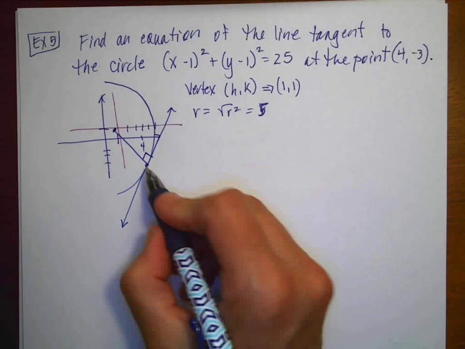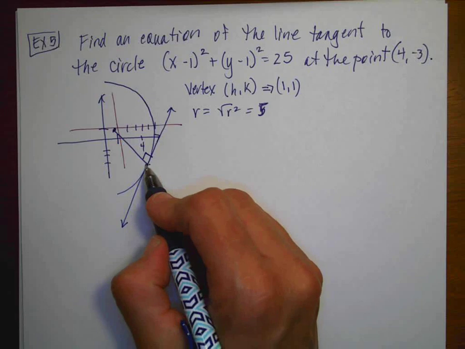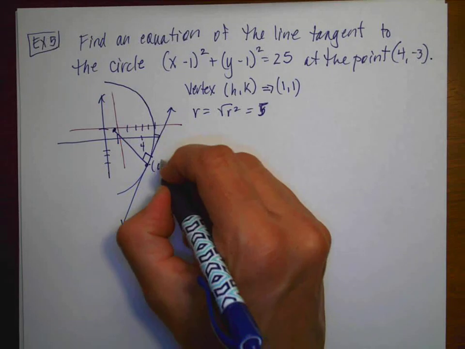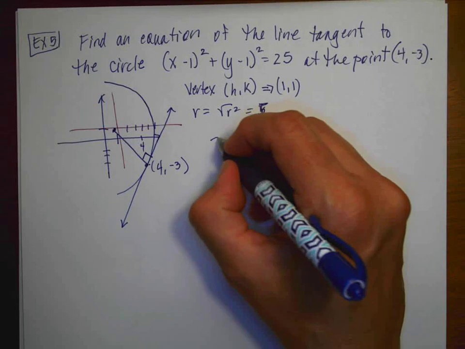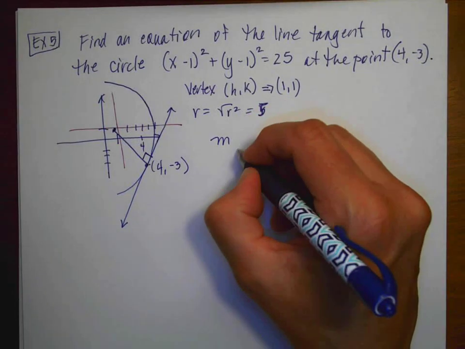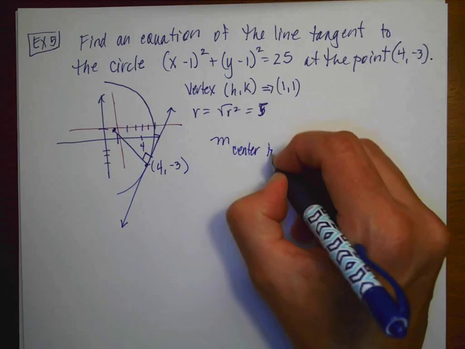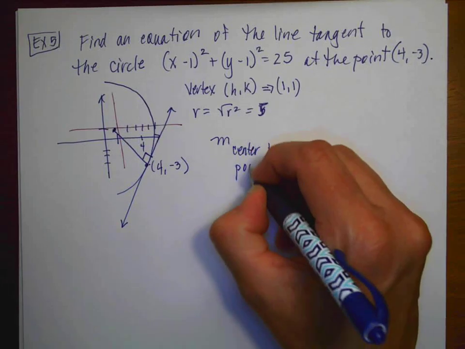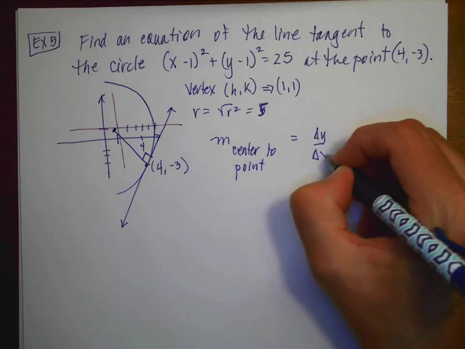One of the things, and it's a crappy picture, so I'm just going to apologize right now. If I go from the point of tangency on a circle back to the center, this is going to be a perpendicular line. And so this is 4, -3. In theory, that's something you learned a million years ago in geometry. So I am looking for the slope of the line from the center to the point of tangency.